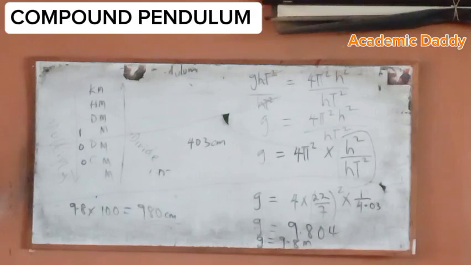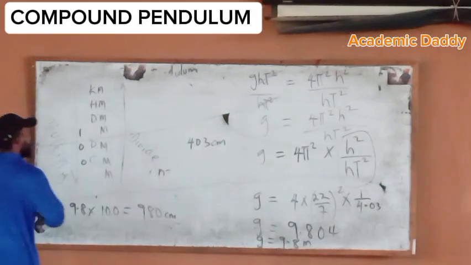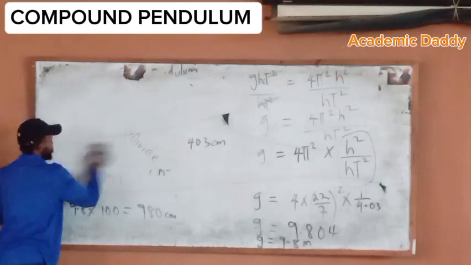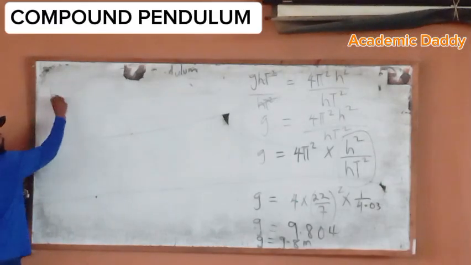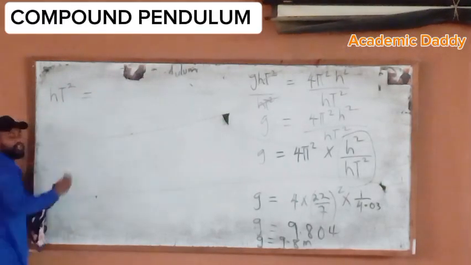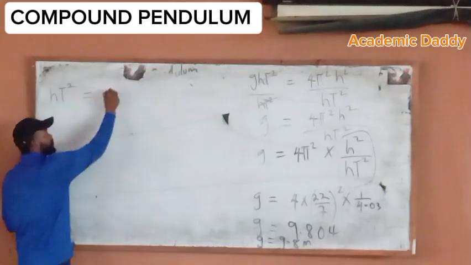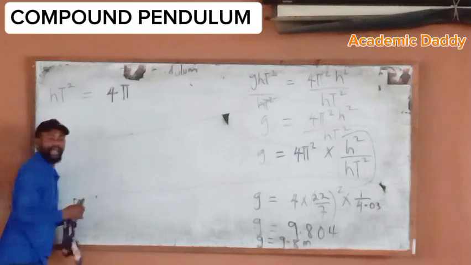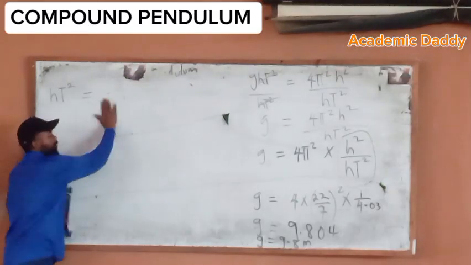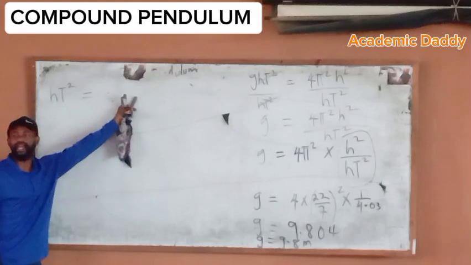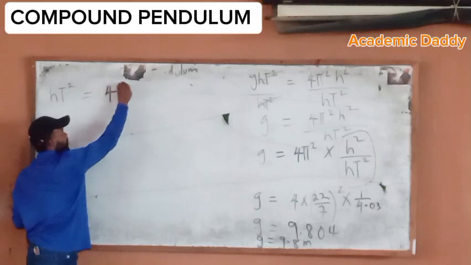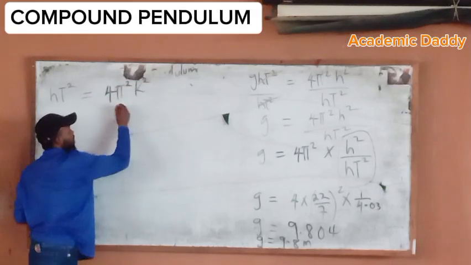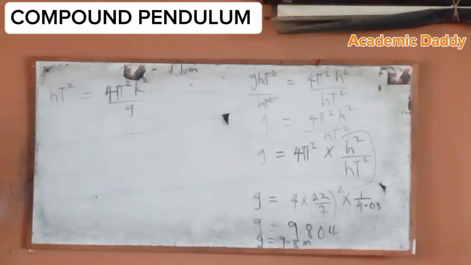But from our equation given to us, we can also find K by doing this, over g. Right, this is it.